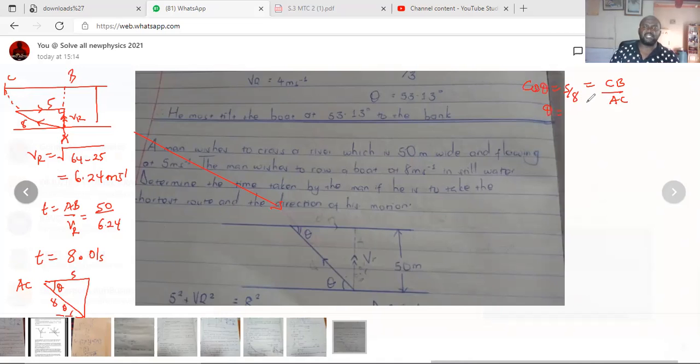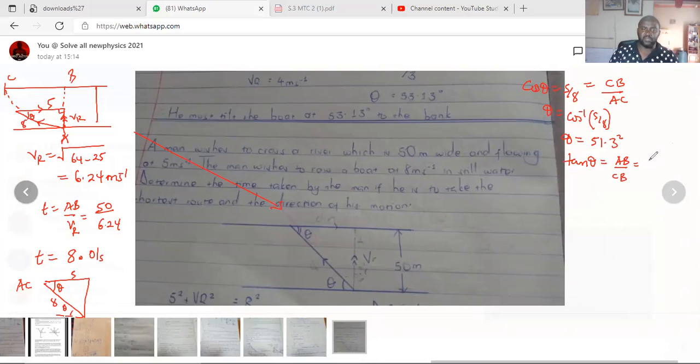If you get theta, what is theta? Cos inverse of 5 over 8, which is 51.32 degrees. So I can use tan theta, because the side AB is known, and I get AB out of CB.